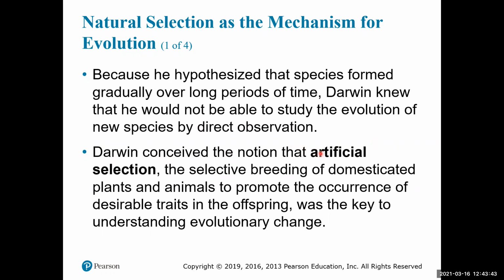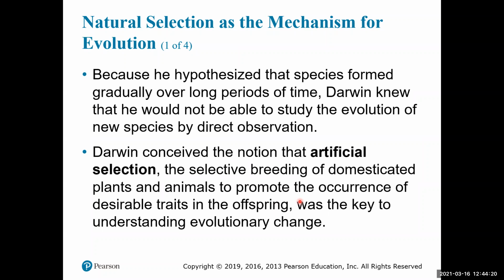And so he thought about artificial selection and how humans have been selectively breeding and domesticating plants and animals for thousands of years. And he was like, okay, if this is basically related to the idea of natural selection, but instead of natural selective forces from the environment being put on an organism, humans are the selective pressure, and we are specifically selecting for specific traits that we want in our plants and our animals that we're domesticating, right?